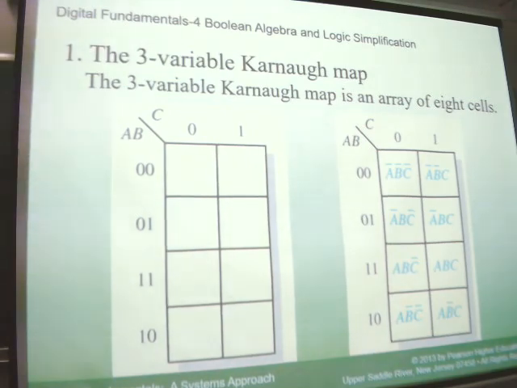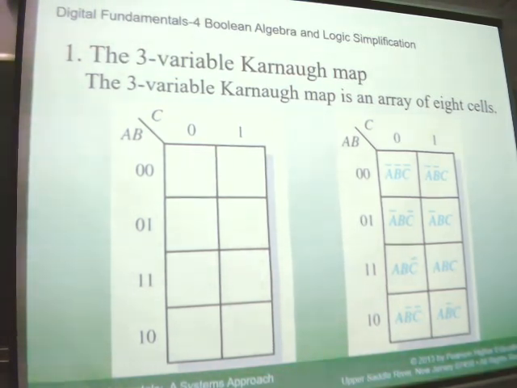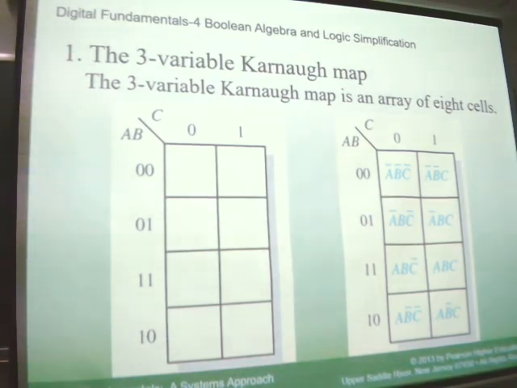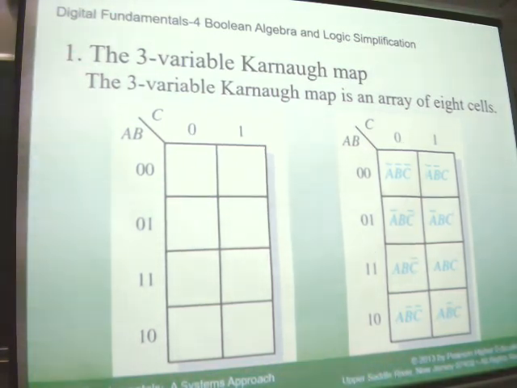We can also write this map like this. A, B, C.